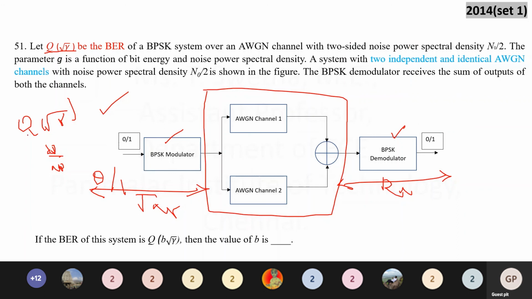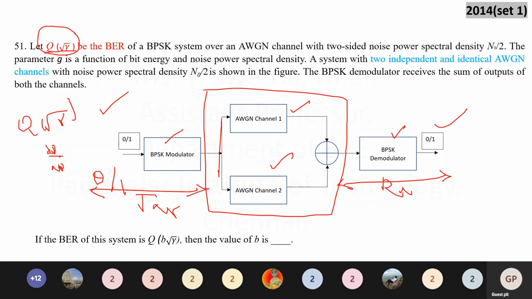So a system with two independent and identical AWGN channels with noise power spectral density N0 by 2 is shown. The BPSK modulator receives the sum of the outputs of both, which are the same.